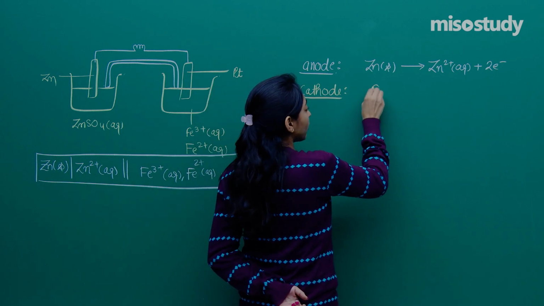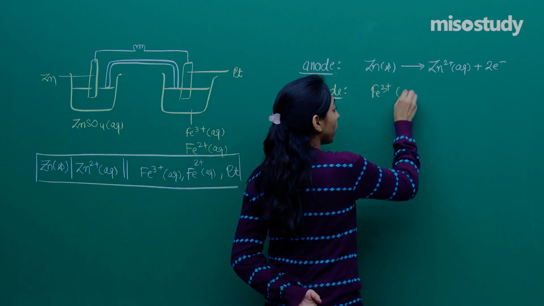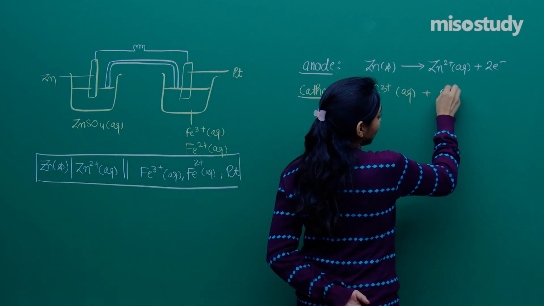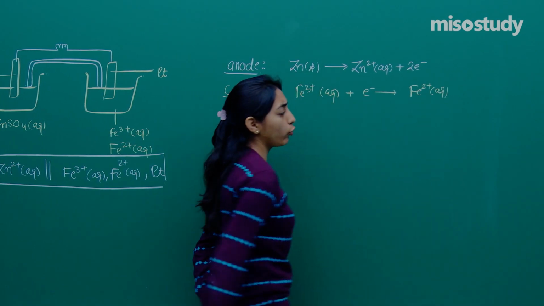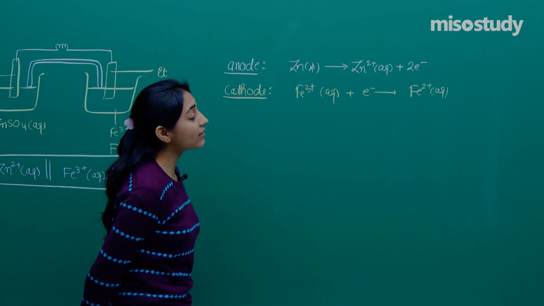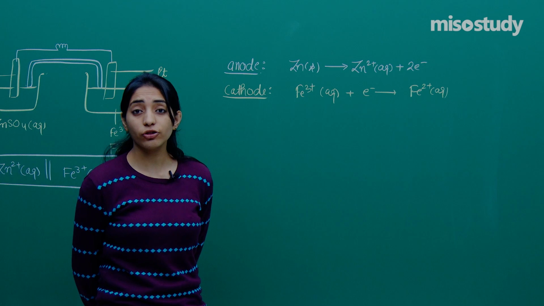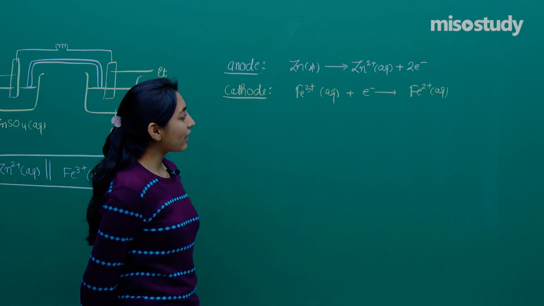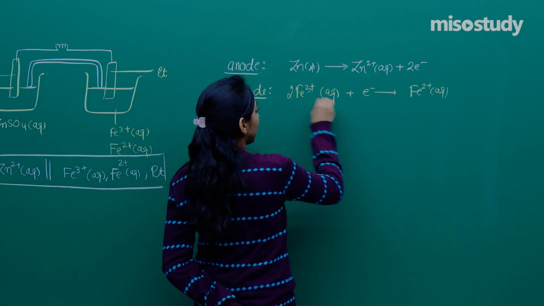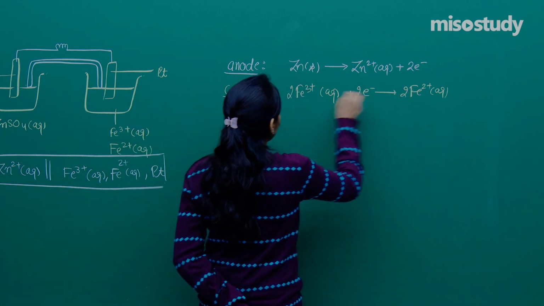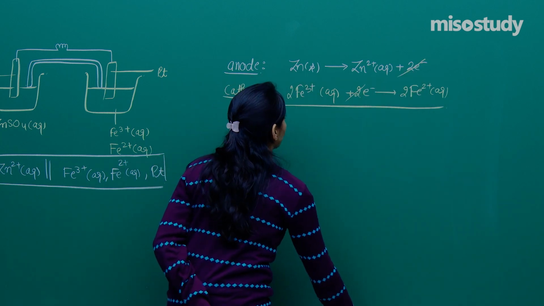So Fe3+ in the aqueous form was accepting 1 electron to get converted into Fe2+ in the aqueous form. Since the number of electrons involved in the reaction should remain the same, and at the anodic terminal 2 electrons are there, I'll multiply it with 2 to give you the final equation.